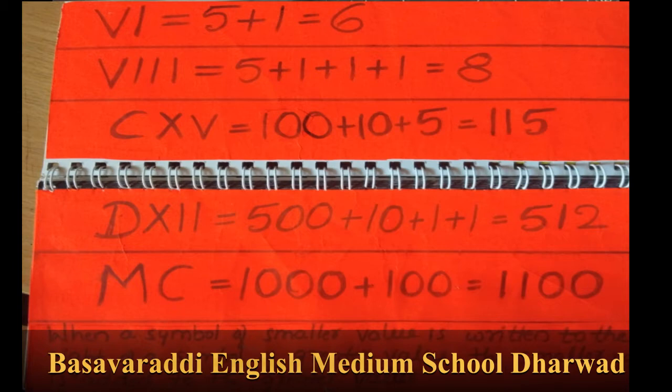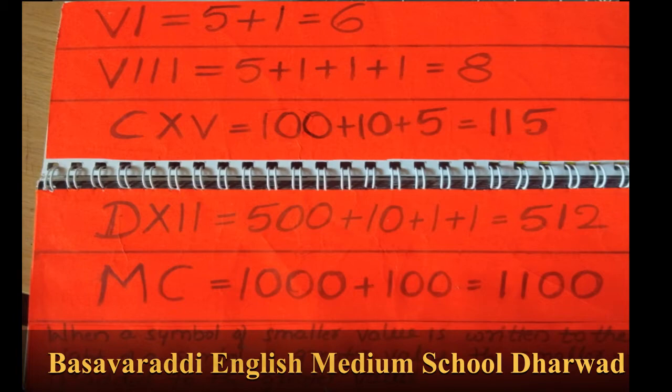Shall we repeat once again? What is the second rule here? When a symbol of smaller value is written to the right side of the symbol of greater value, the smaller value is added to the greater value.